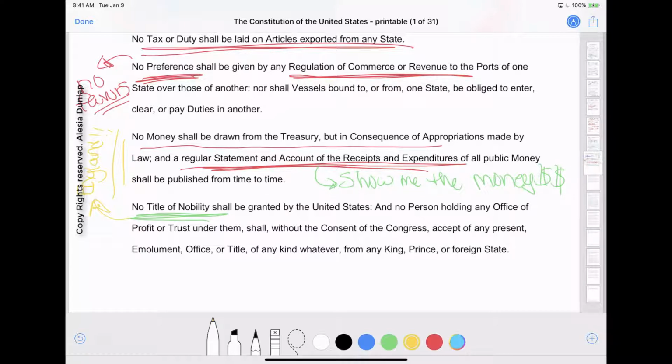People working in public office can't accept gifts, offices, or titles from other rulers or countries without the approval of Congress.